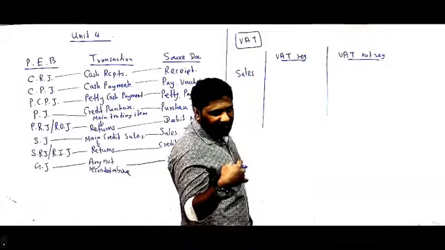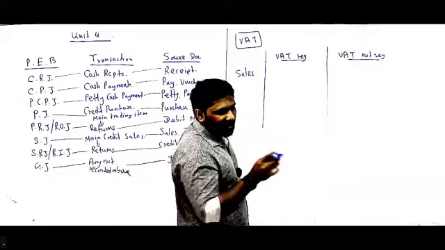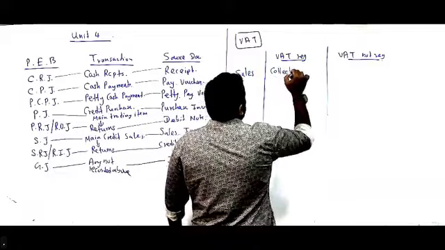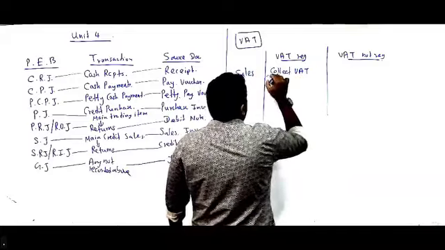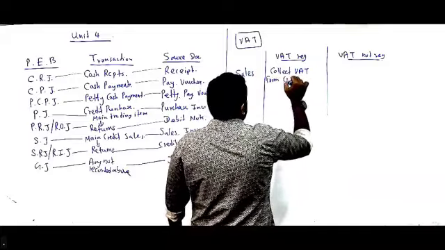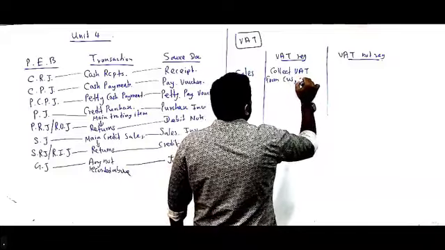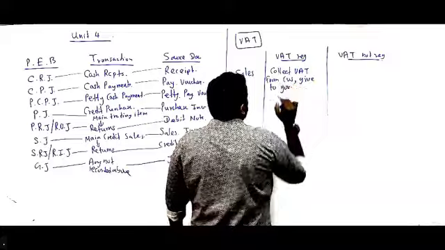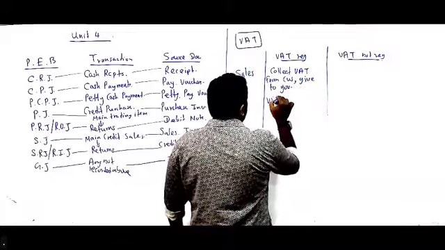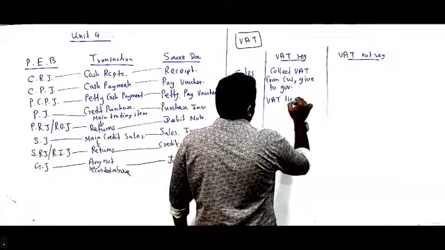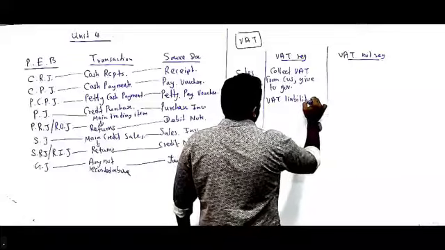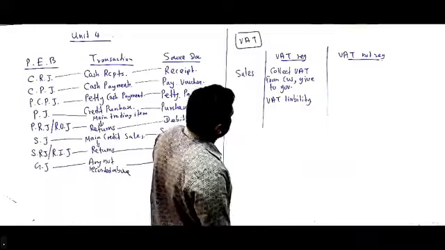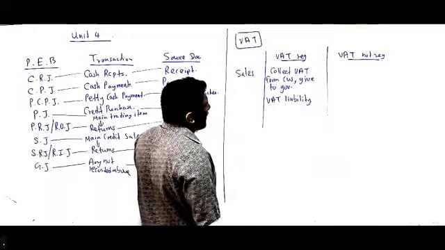Collect VAT from the customer and give it to the government. So this is creating a VAT liability. Until we send it to the government, we are liable to the government.